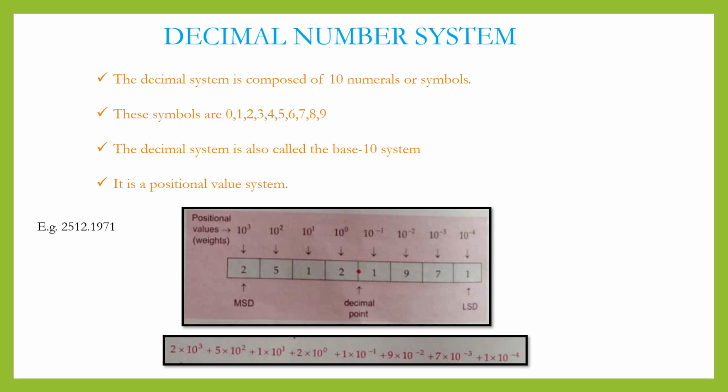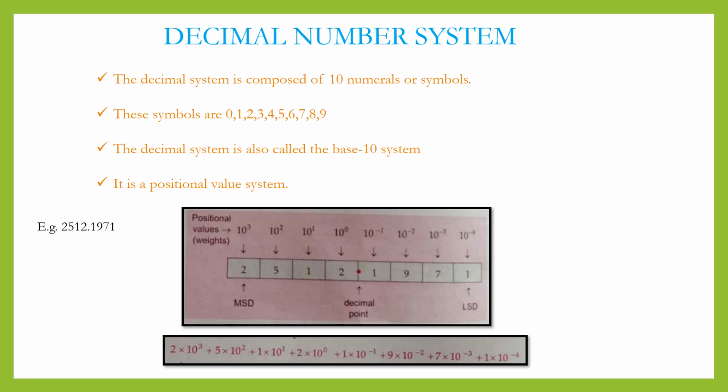The number 2512.1971 is thus equal to 2 into 10 to the power of 3 plus 5 into 10 to the power of 2 plus 1 into 10 to the power of 1 plus 2 into 10 to the power of 0 plus 1 into 10 to the power of minus 1 plus 9 into 10 to the power of minus 2 plus 7 into 10 to the power of minus 3 plus 1 into 10 to the power of minus 4.